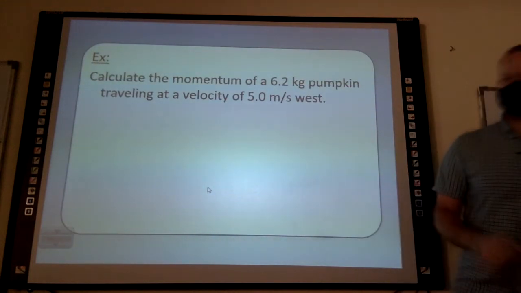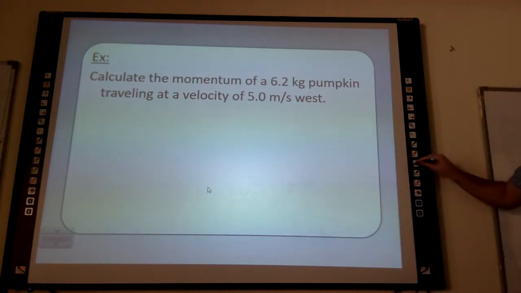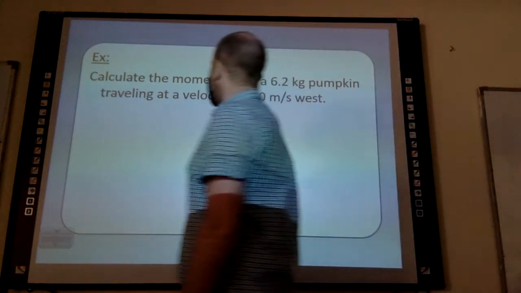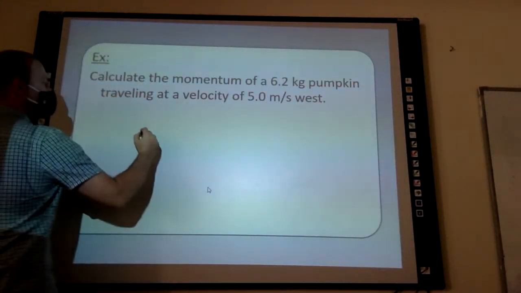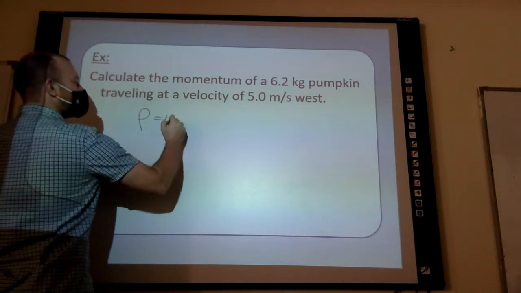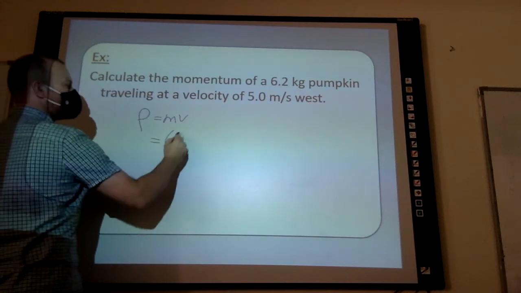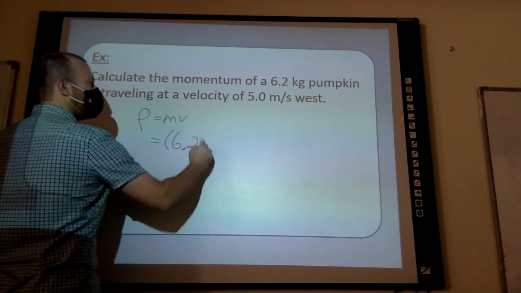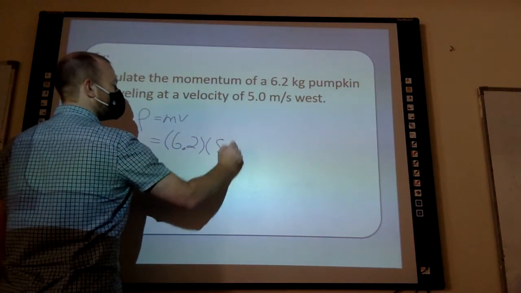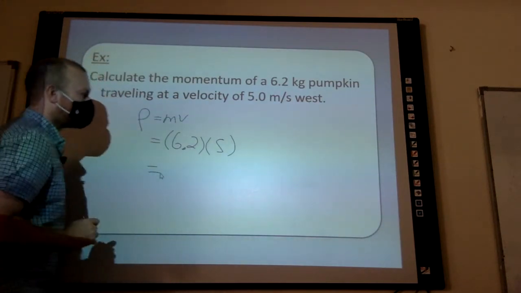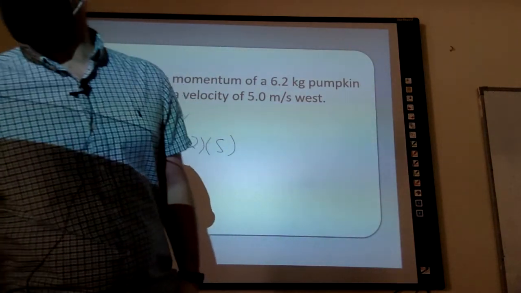So let's try this out. Pretty straightforward thing to start off with. Let's calculate the momentum of a pumpkin. Momentum is mass times velocity. I give you the mass. I give you the velocity. So you can times these together.